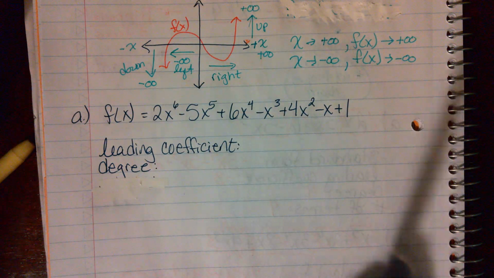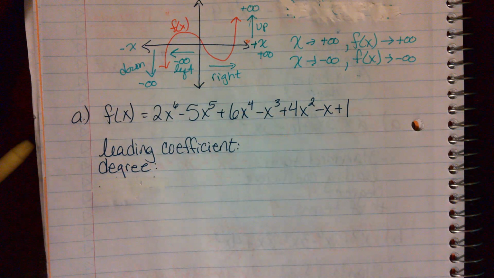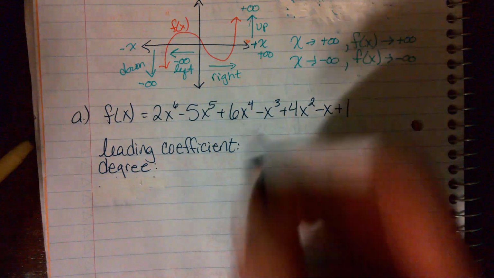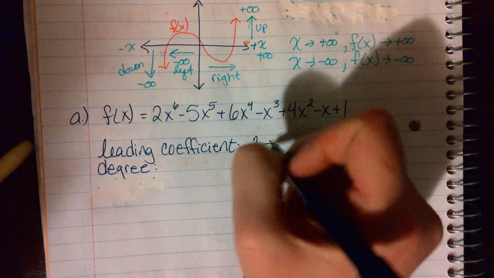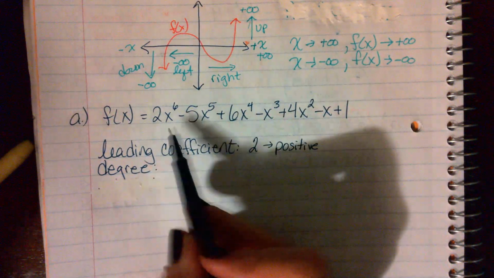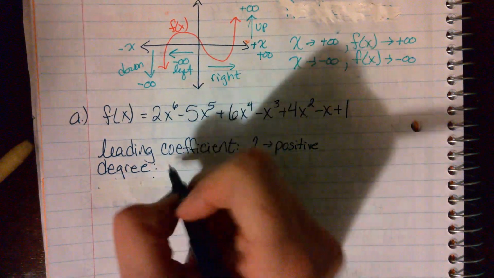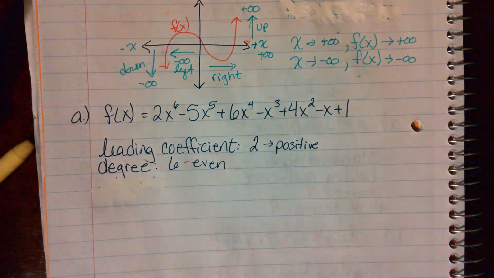And so my leading coefficient is going to be in the very front, and it's 2. Well, it is a positive 2, right? So I need to know that it's positive. My degree is the highest exponent, which is 6, and 6 is an even number. So I need to know that it's positive and even.